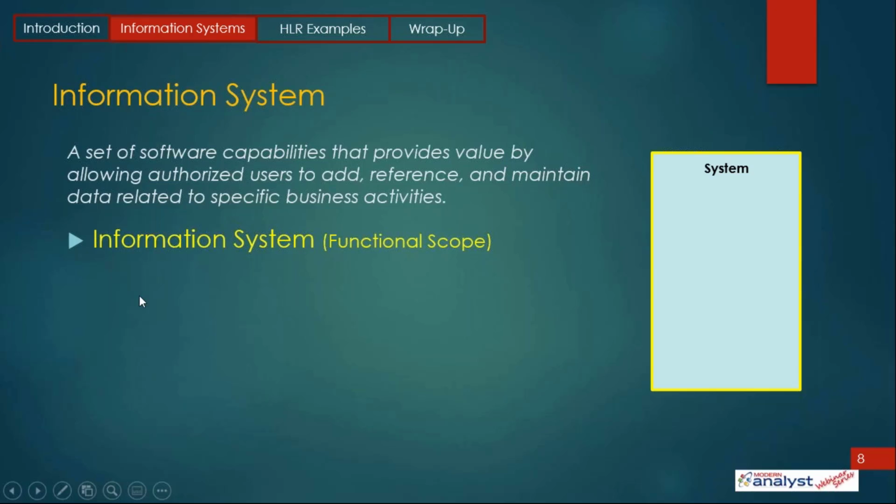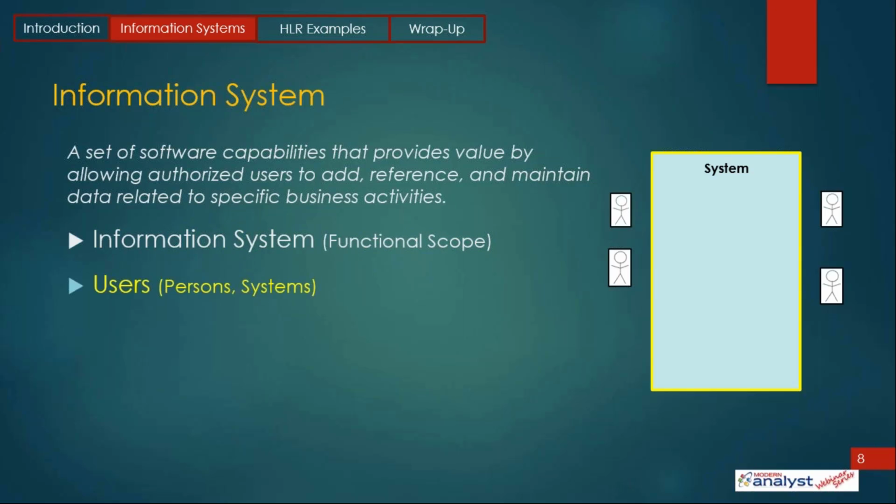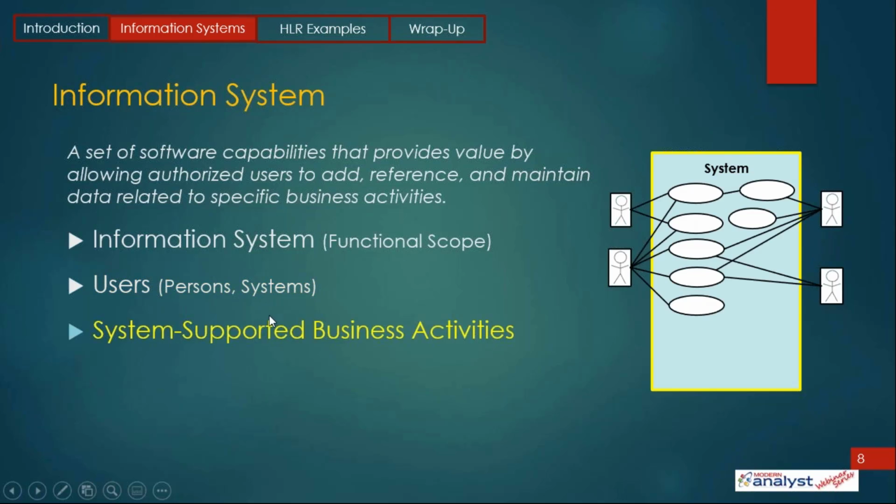So the way we can visualize an information system for a project, we have a system context diagram. So using the UML use case context diagram format here. So we have a box representing the system. We have users on the outside of the system. In UML, we'd call these actors, but they're persons using the system or systems interacting with the system.